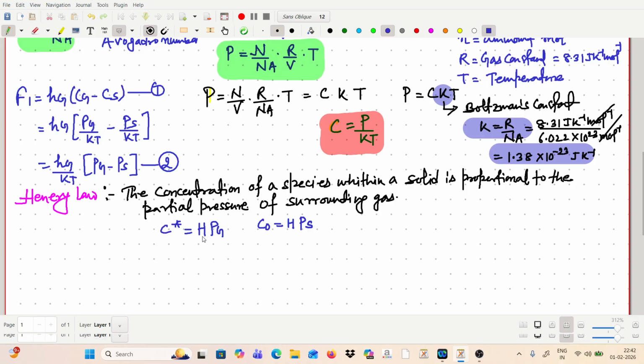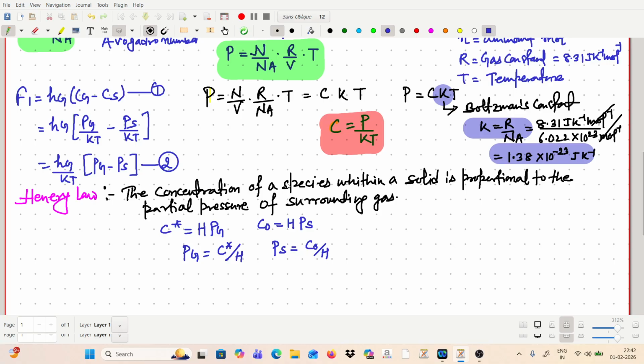So now we put the value of Pg as C star by H, and from here the value of Ps can be written as C naught upon H.